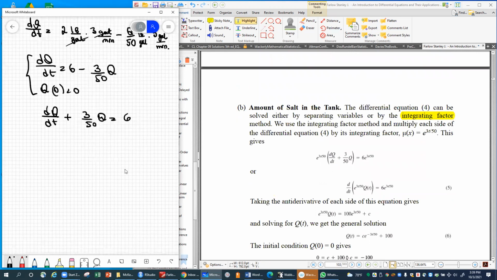The multiplying factor is mu = e to the integral of 3/50 dt, which is just e^(3/50 t).